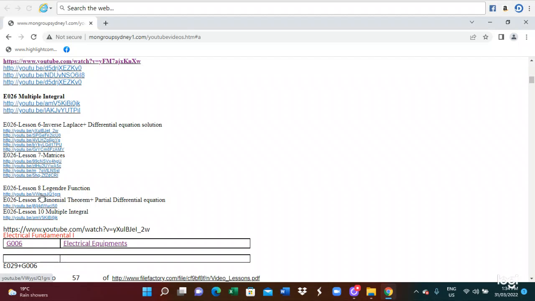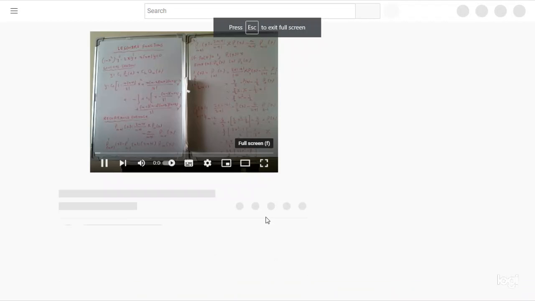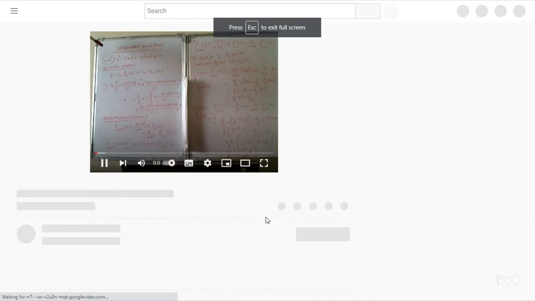Okay, now we're talking about the matrix, also finished. We talk about the Legendre function. Okay, today's topic is the Legendre function.